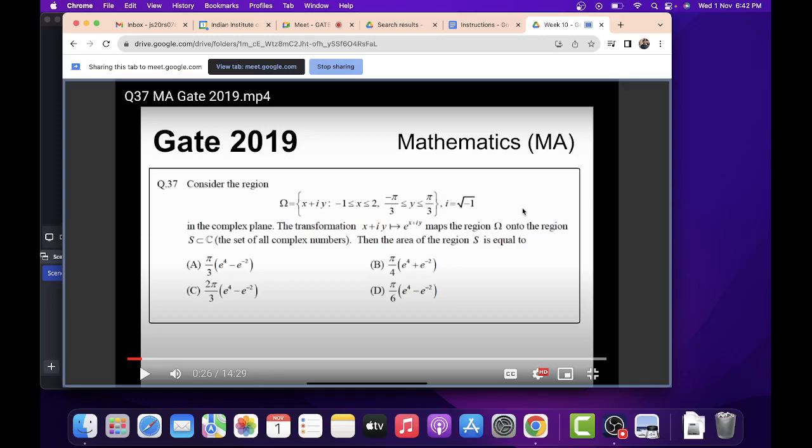The maximum value of y is pi by 3. So basically, where will it map? The image is e to the power x cos y and e to the power x sin y, right? So it will map the y axis, for fixed y, where will it map?